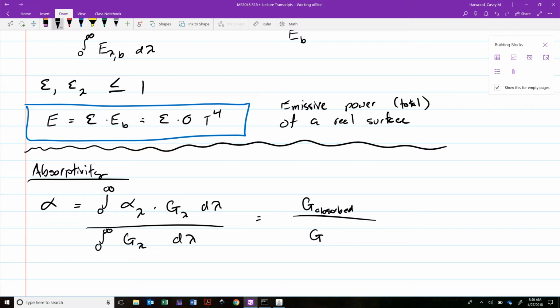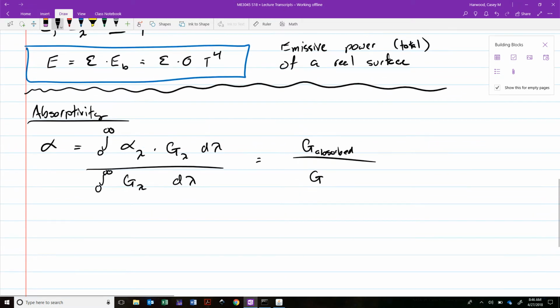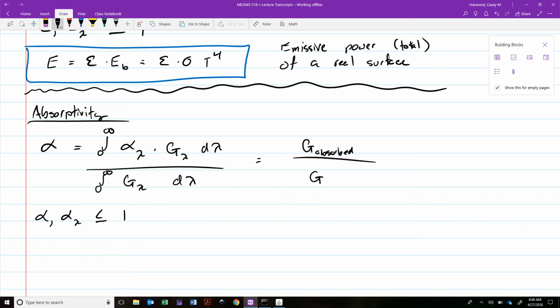And this is the total of all of that incident radiation. Again, as with emissivity, the idea is that alpha and alpha lambda both have to be less than or equal to 1. And from this, we can calculate the amount of absorbed irradiation using the also familiar expression of alpha times G.